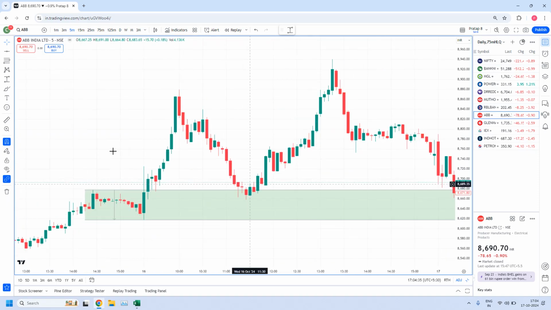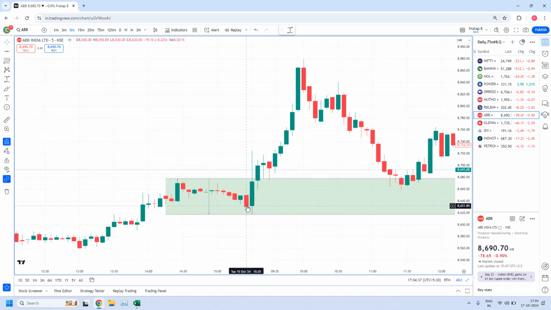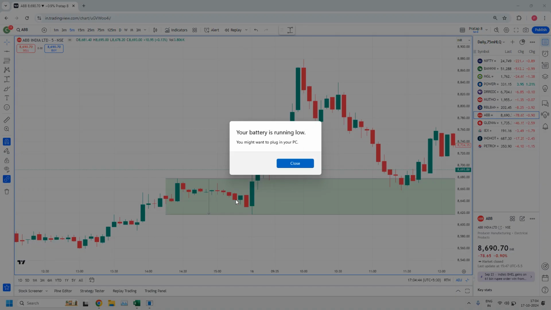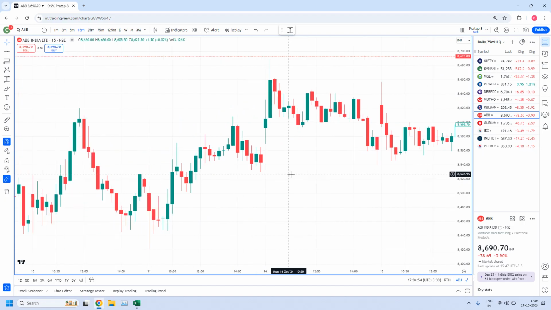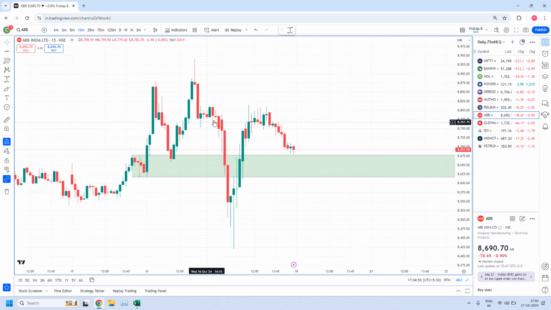The structure is even worse. See here, all these are base candles. All these are base candles. So by seeing this easily, you can say the zone will be violated. That is what happened. The zone is violated easily.